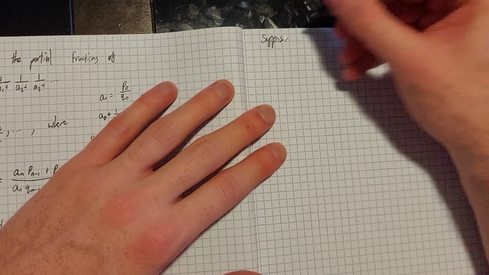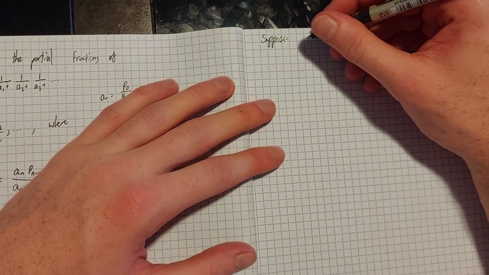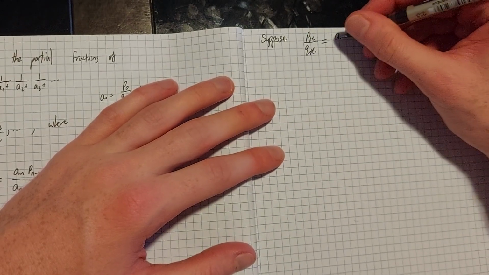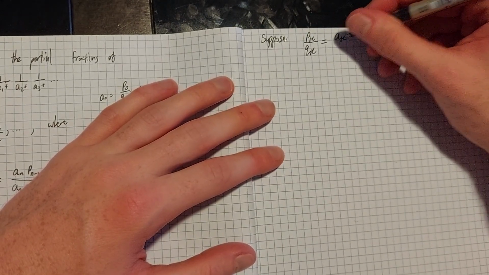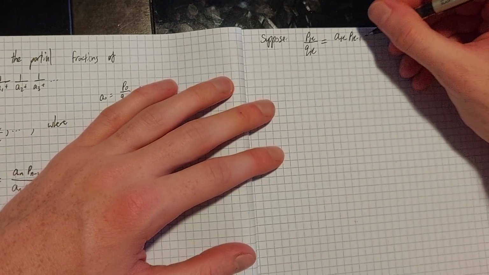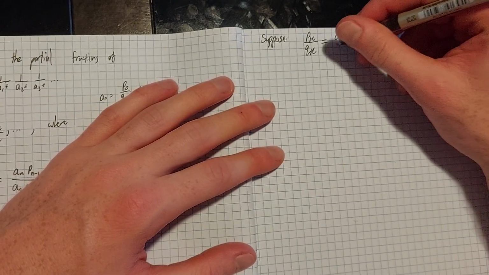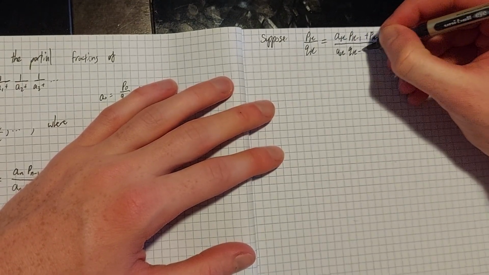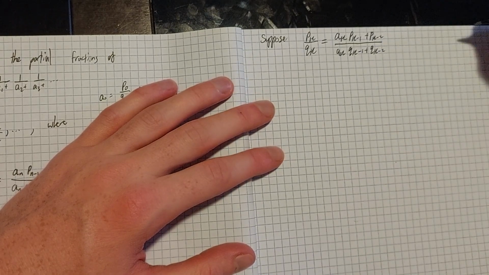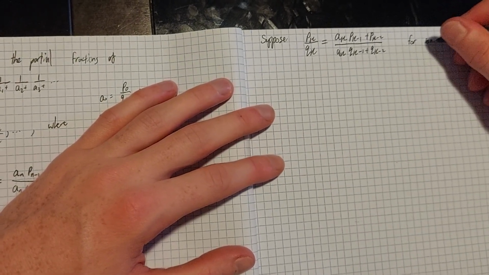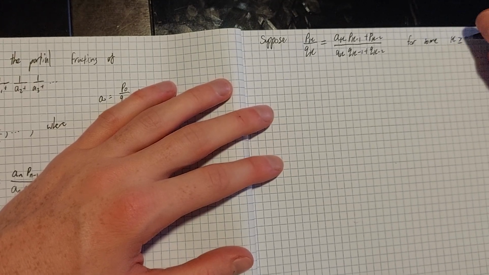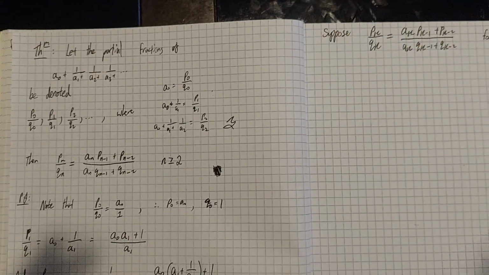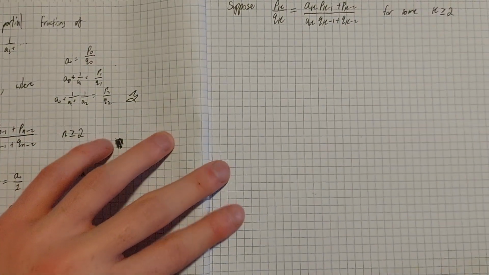Suppose that pk over qk is equal to ak times pk minus 1 plus pk minus 2 over ak times qk minus 1 plus qk minus 2 for some k bigger than or equal to 2. So suppose that's the case. Well, that's our inductive hypothesis.